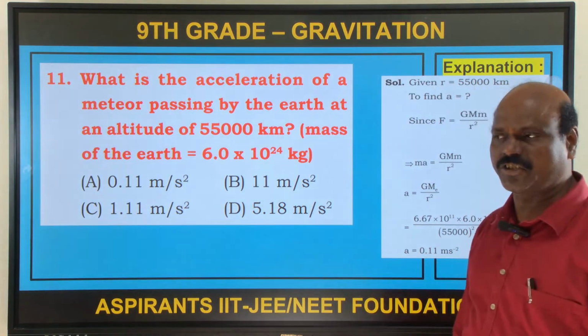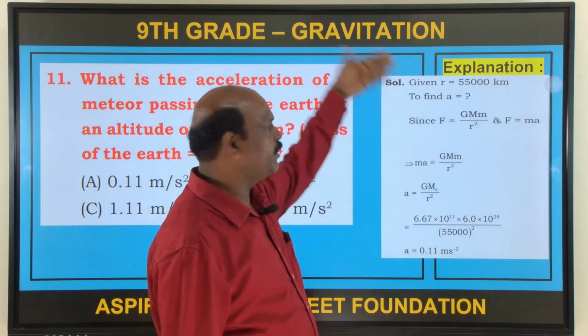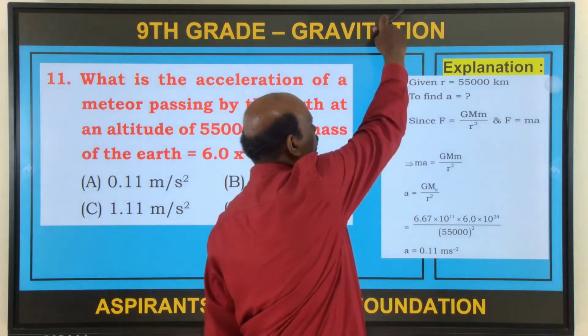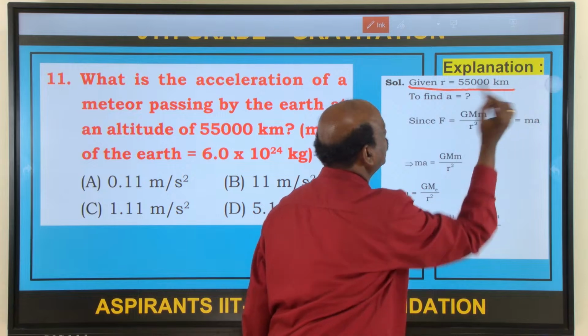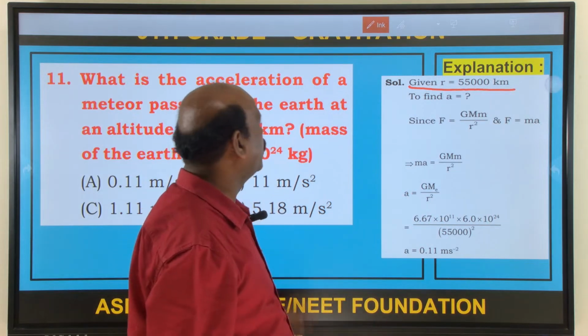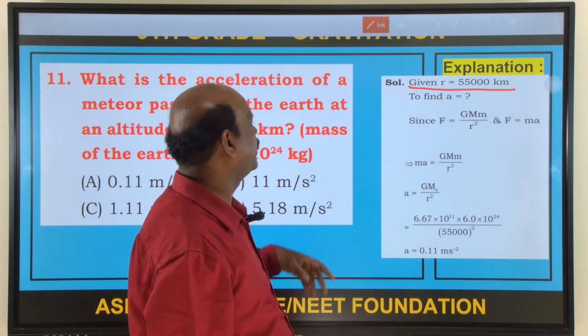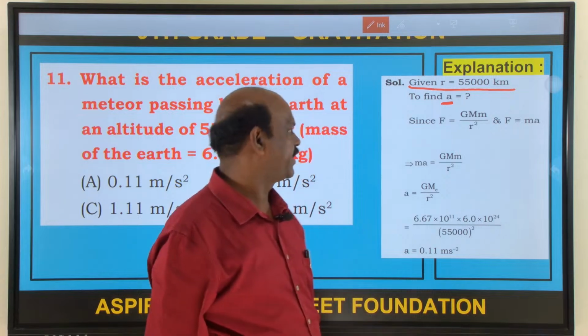You know what acceleration is: the rate of change of velocity. So let us take the given values. Given r is equal to 55,000 kilometers, as it is moving at an altitude, and we want to find out the acceleration of this object.